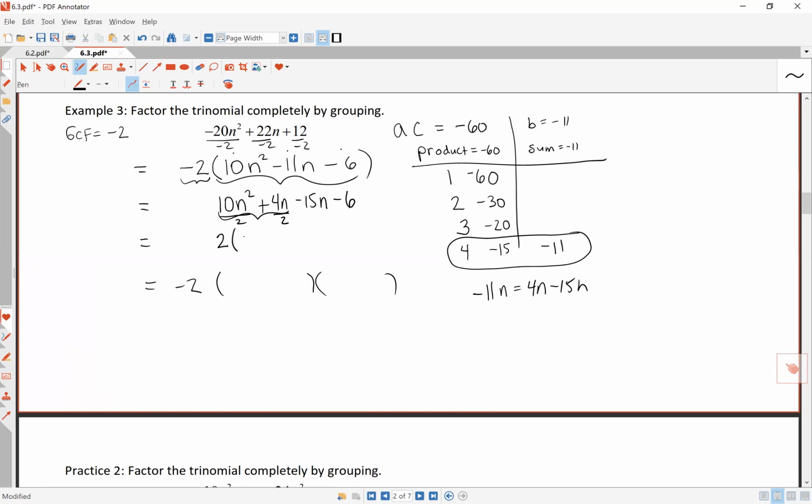Dividing everything by 2 leaves me with 5n plus 2. But I also need to recognize they both have an n, so I'm going to factor out a 2n from those two terms. When I take 10n squared and divide by 2n, I'm left with 5n. 4n divided by 2n is 2.